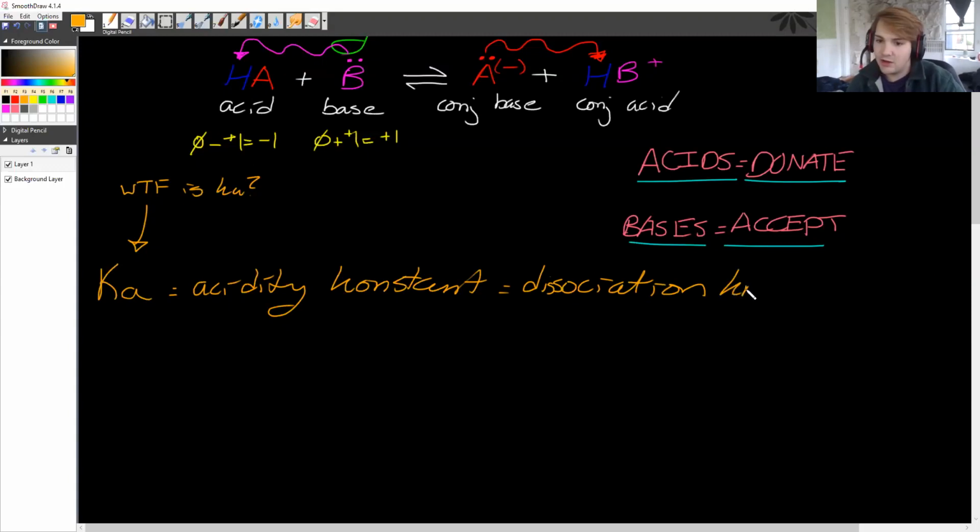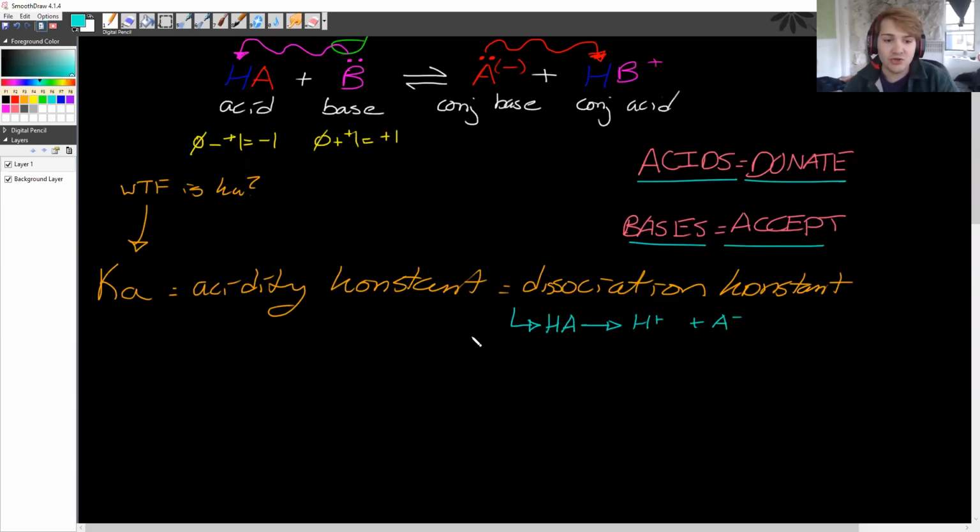So basically what this is saying is that when HA donates, it dissociates into H plus and A minus.